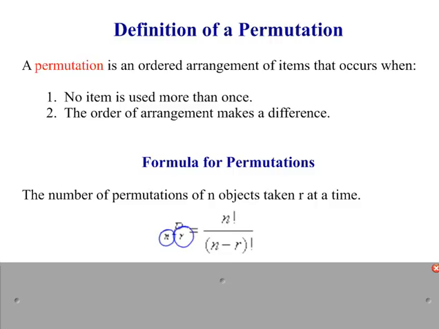The formula is n factorial over n minus r factorial. Now we really won't use this formula all that much because there's a permutation function on the calculator, which I'm going to explain on the next slide.